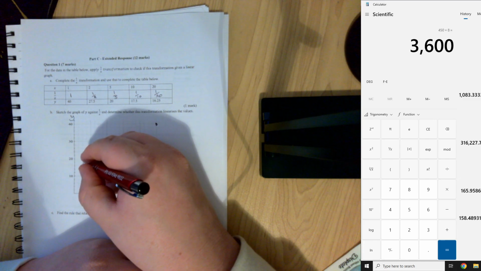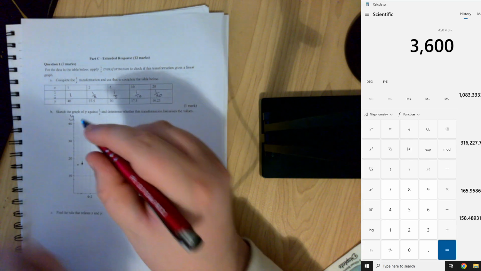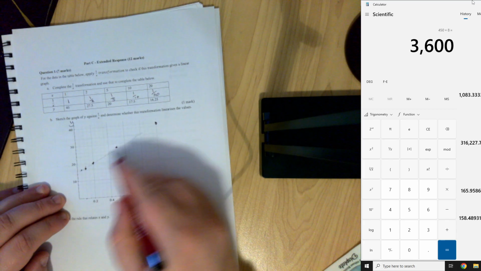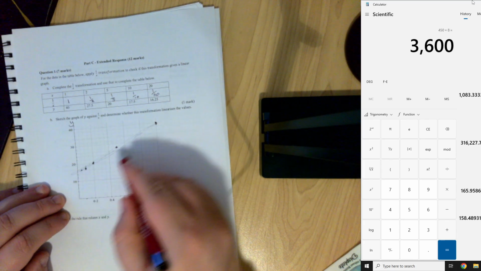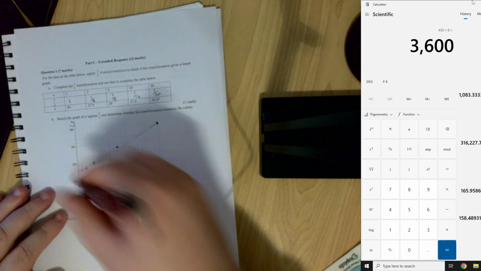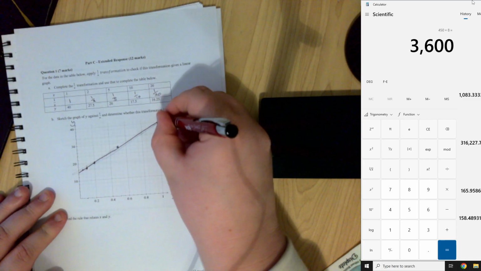That dot should be marginally higher, and this one should be like there. Anyway, I'm not a great sketcher, but it should turn out pretty straight. Alright, so draw a nice straight line through them.